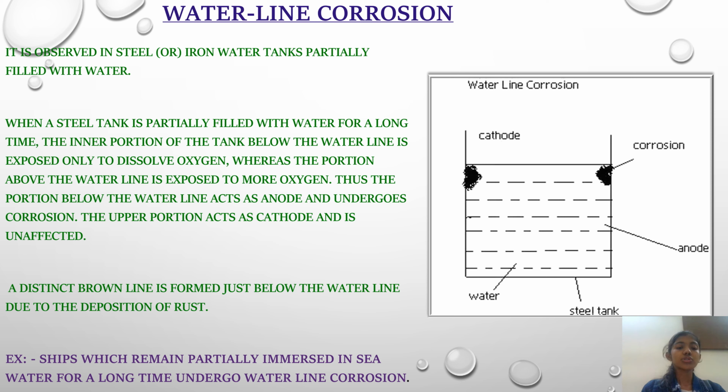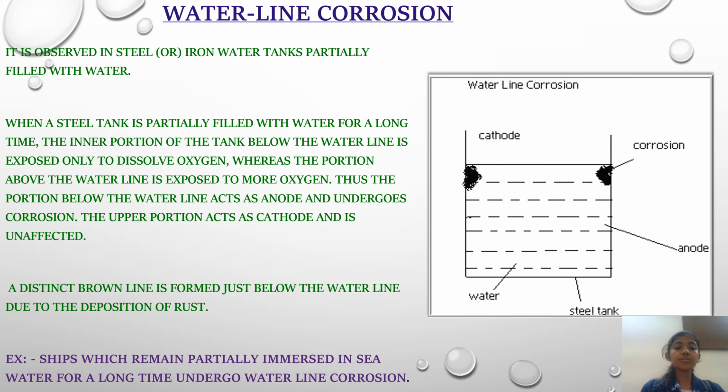Thus, the portion below the waterline acts as anode and undergoes oxidation and gets corroded, whereas the upper portion acts as cathode and undergoes reduction and remains unaffected from corrosion.